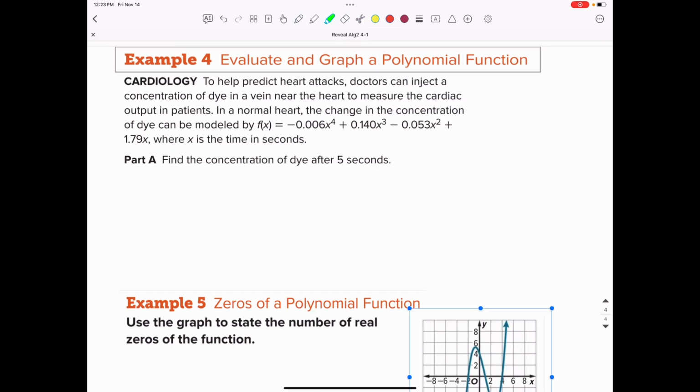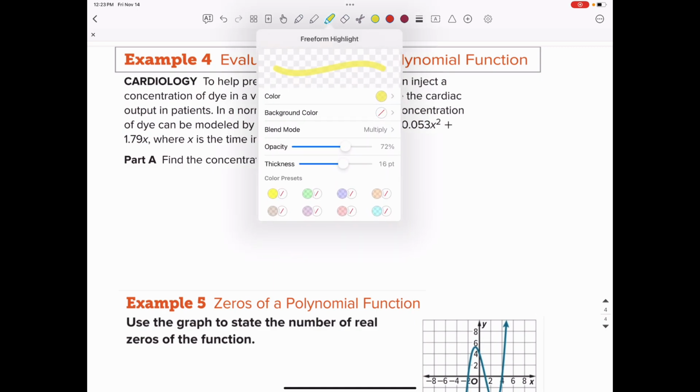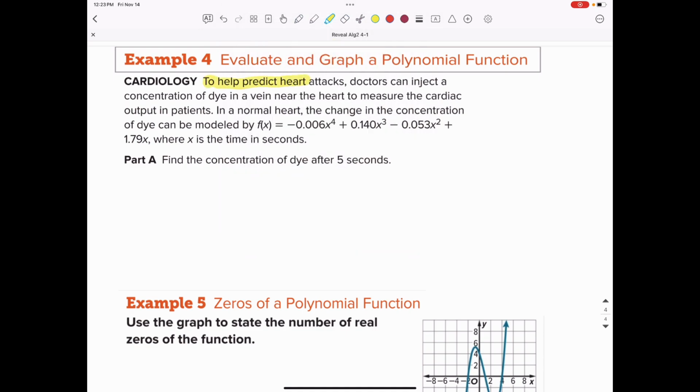Polynomial functions can be used in a variety of different real-life situations. We're going to evaluate this function and also look at its graph. So it says, to help predict heart attacks, doctors can inject a concentration of dye in a vein near the heart to measure the cardiac output in patients.